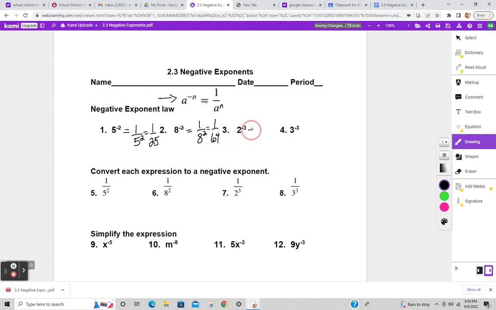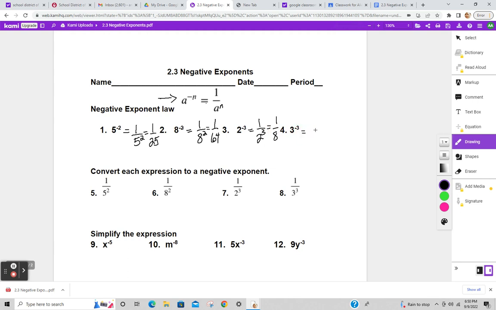Okay? You try the next one. I'll pause for a minute and let you try it. All right, so if you got 1 over 2 to the third power, that is correct. And we can simplify that to 1 over 8.